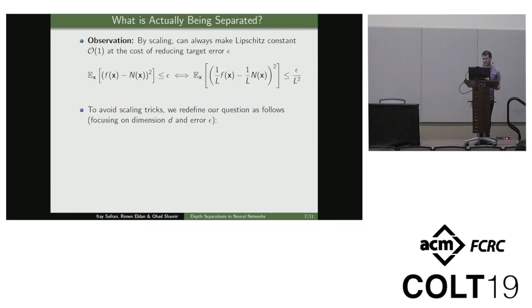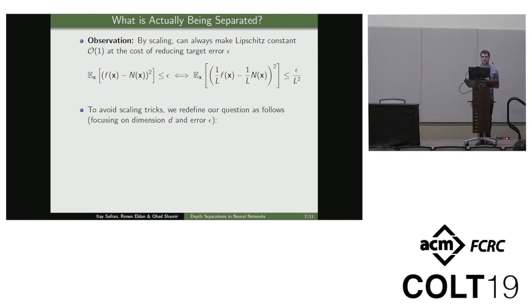But after asking this question, we realized that things are more complicated than that. The reason is that we can always take a function with some Lipschitz parameter and rescale it linearly in a way that will make the function have a constant Lipschitz parameter. This will come at the cost of having lower accuracy.